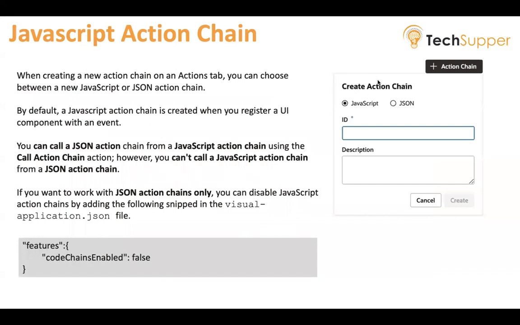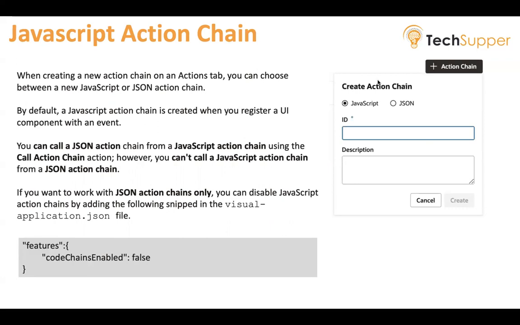First things first, when you create a new action chain on the action tab, you are allowed to choose which type of action chain you want to create. You can choose either JavaScript or JSON. JavaScript is the new type of action chain and JSON is the earlier way you create the action chain.